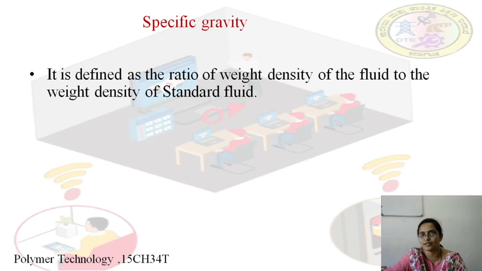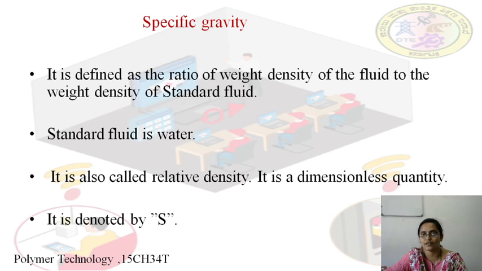Standard fluid mainly used is water. For liquids, water is used as a standard fluid, and for gases, air is used as a standard fluid. So specific gravity is the ratio of weight density of the fluid to weight density of standard fluid.